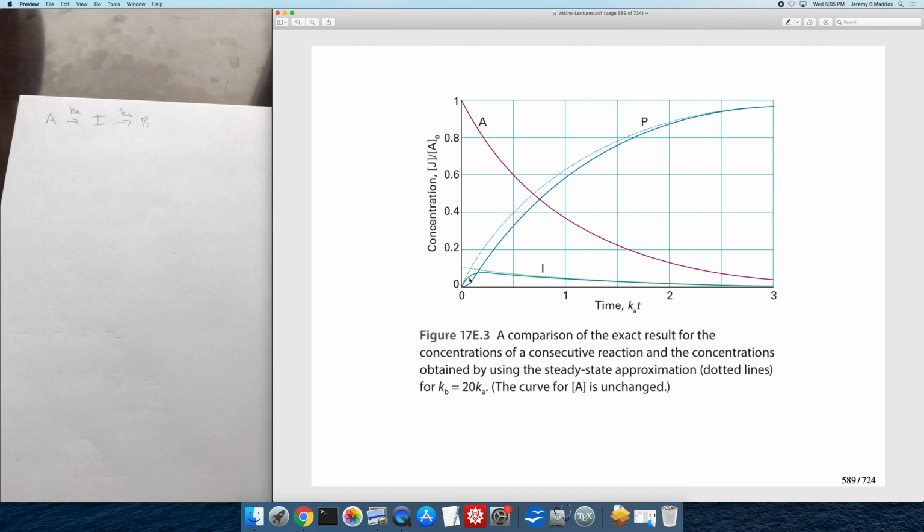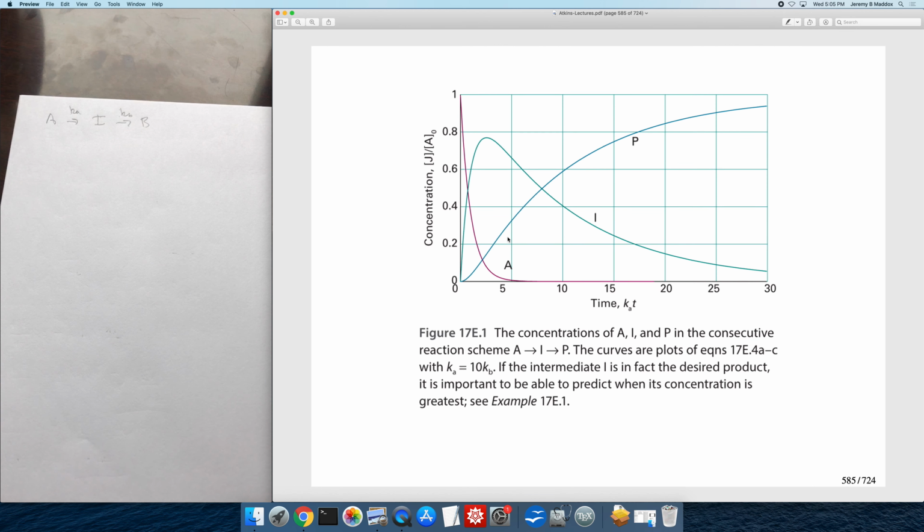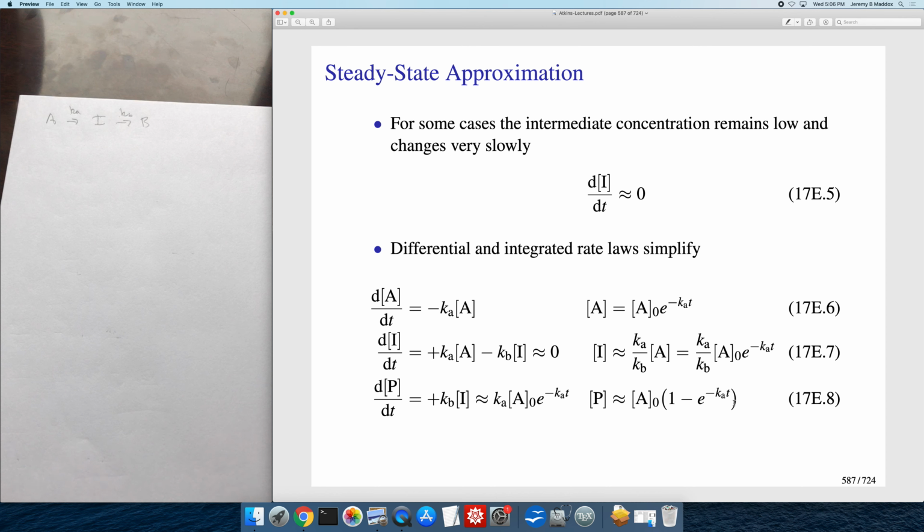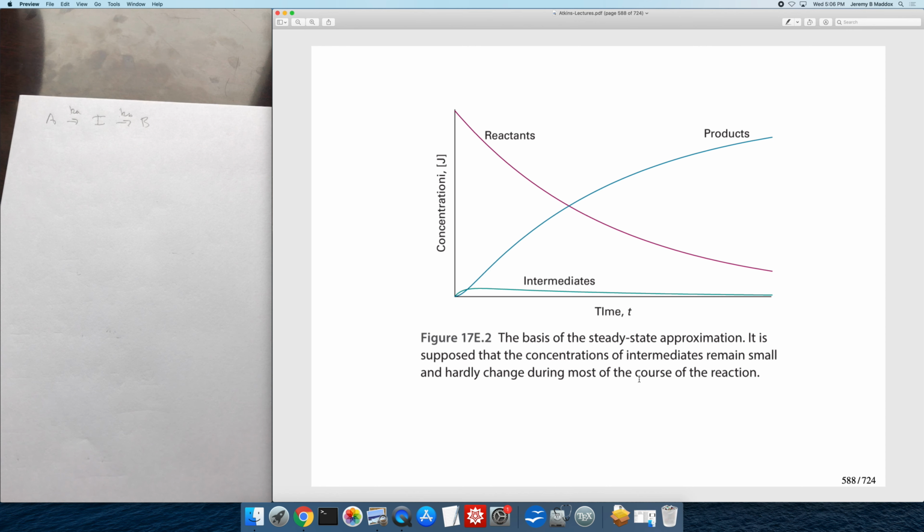What you're looking at here in the solid curves would be the exact solution for this problem, these functions here for the case where Kb is 20 times Ka. The solid curves are exactly what you get. The dotted curves, however, are the results for these steady state equations, these simplified equations.